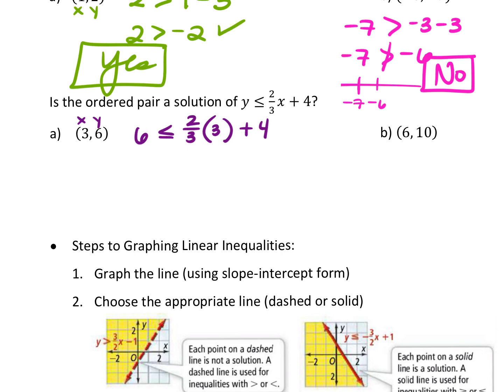Let's say you don't have a calculator handy. How do you do 2/3 times 3? 3 over 1. But how do you get that? How did you get to 3? Six over. Are you talking about this is 6 over 1?